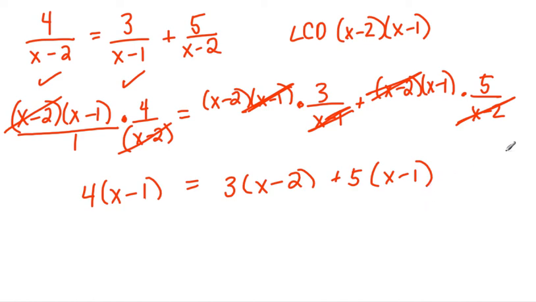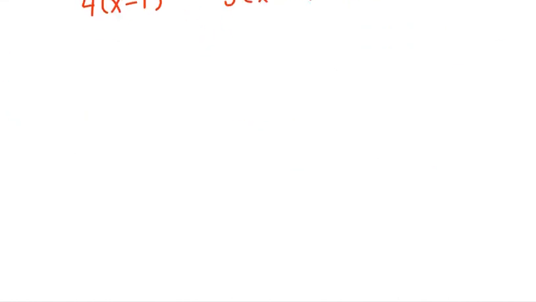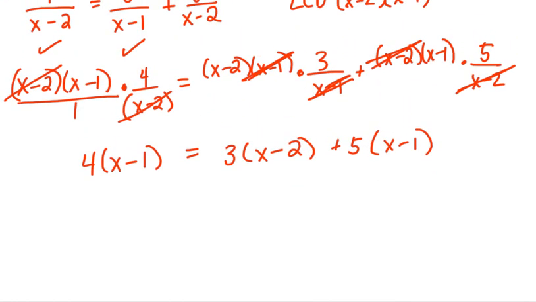No, don't divide by 4. Now what would you do to solve for x? Distribute. 4x minus 4, 3x minus 6, plus 5x minus 5. Tanner, it's not wrong to divide by 4. It just makes it more complicated in some cases.